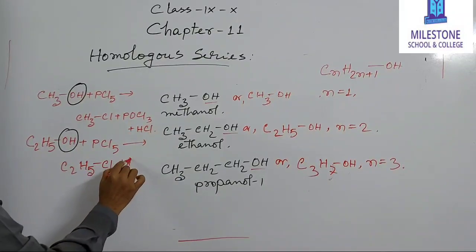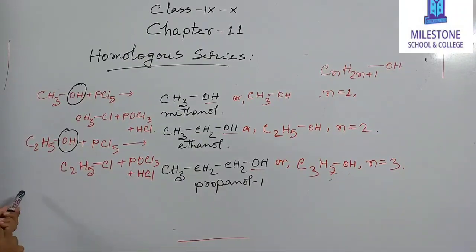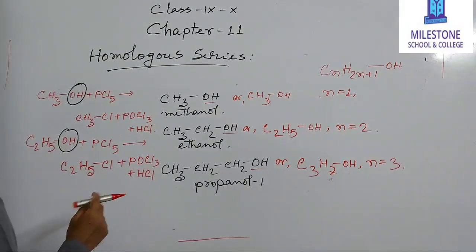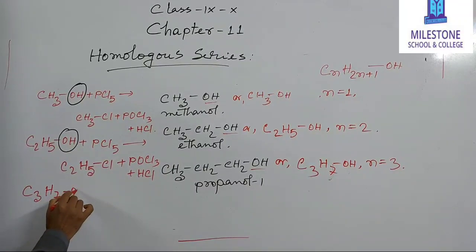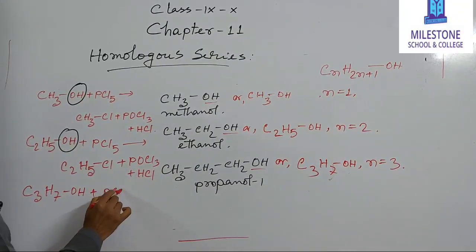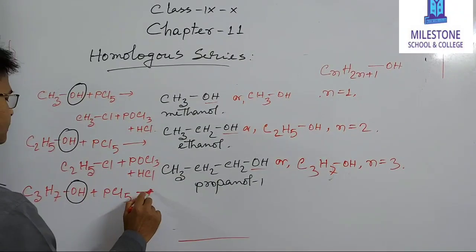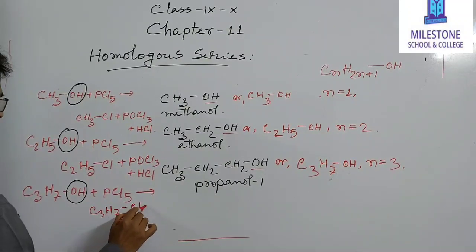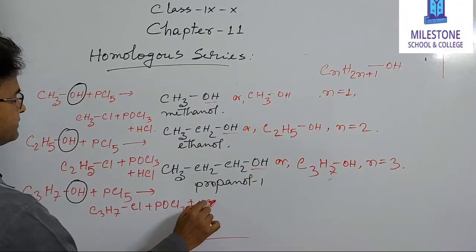This is ethyl chloride, phosphorus oxychloride plus hydrochloric acid. And again, C3H7OH plus phosphorus pentachloride: here also the OH group will be replaced by chlorine to produce propyl chloride plus phosphorus oxychloride plus hydrochloric acid.